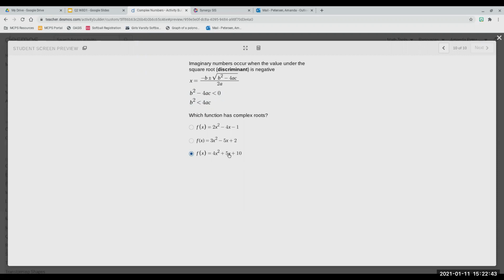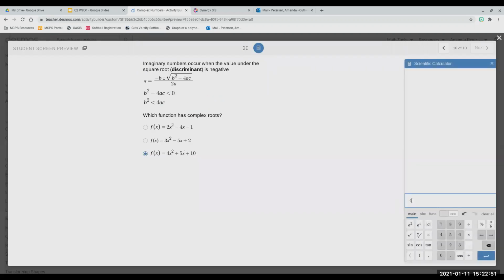We are going to get 5 squared, which is 25, and then 4ac, which is 4 times a, which is 4, times c, which is 10, which is going to give me 160. So 160 is going to be greater than 25, so it's the last function that's going to end up with a non-real or an imaginary value in its solution.